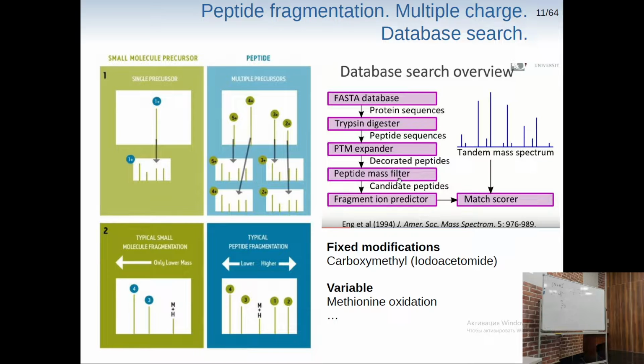Also, afterward, we can make some filter. For instance, after trypsin digestion, it's possible to get just dimers of amino acids or triplets of amino acids. What do you think? Will they help us to identify a peptide?